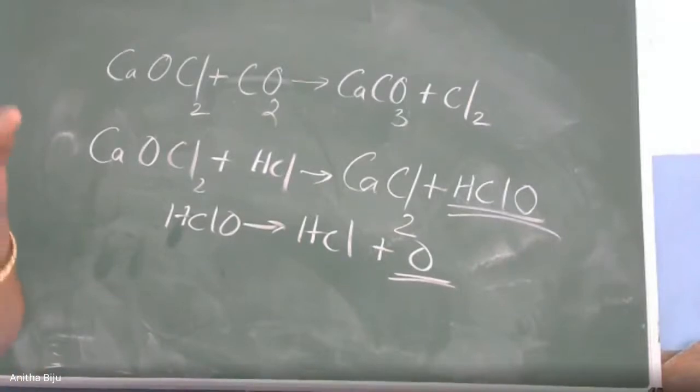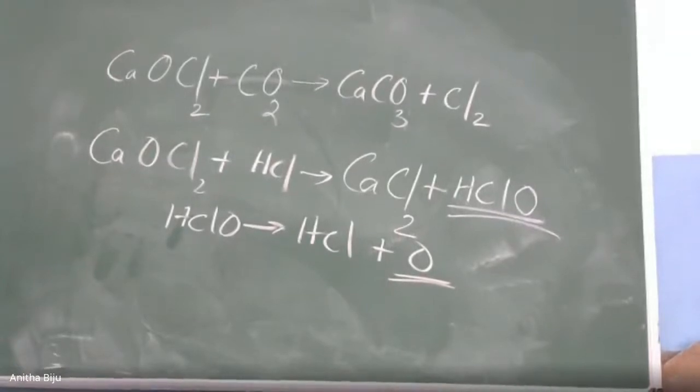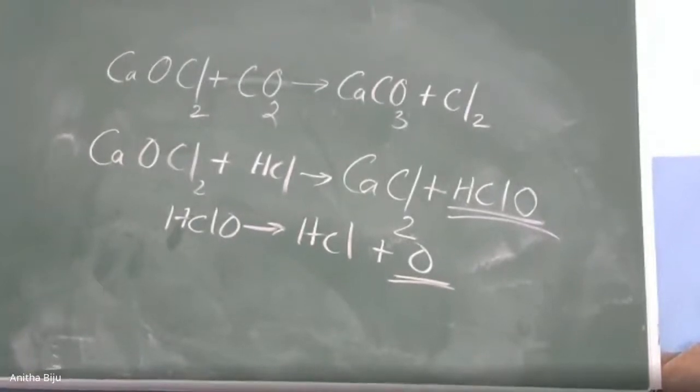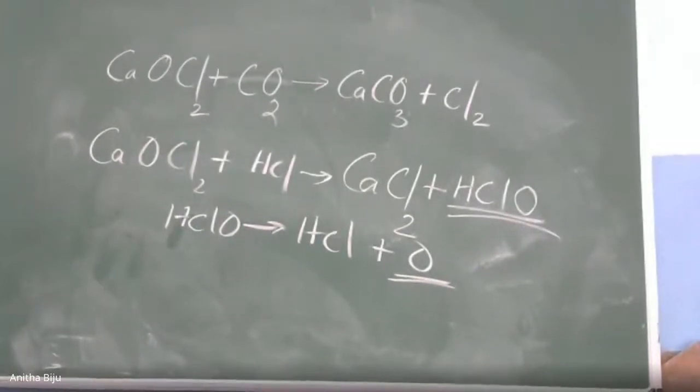If the bleaching action is incomplete, it appears pale yellow. Okay. The next use you can remember is that it is used for sterilization. Another last one, it is also used for making unshrinkable wool.